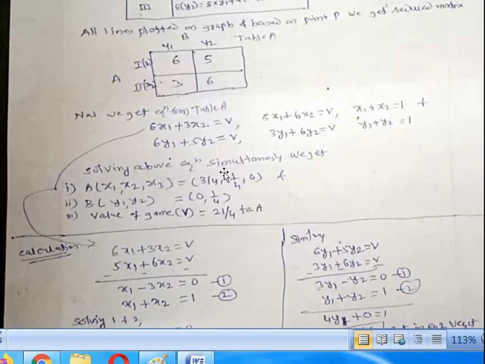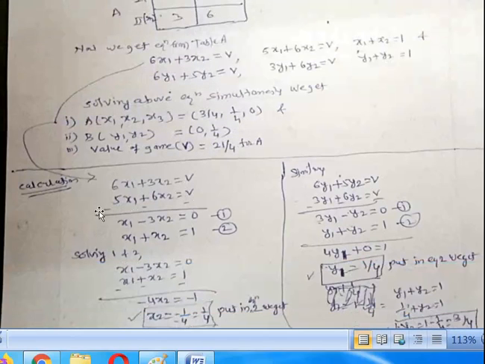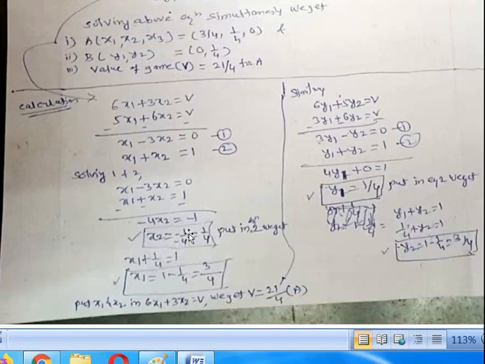Now here see how to solve the simultaneous equations. For example, here 6x1 plus 3x2 is equal to V, and second is 5x1 plus 6x2 is equal to V. Now after solving this, you get x1 minus 3x2 is equal to 0. This is the first equation. Now you take the second equation, that is x1 plus x2 is equal to 1. After solving these two equations simultaneously, we get the value of x2 is equal to 1 by 4.